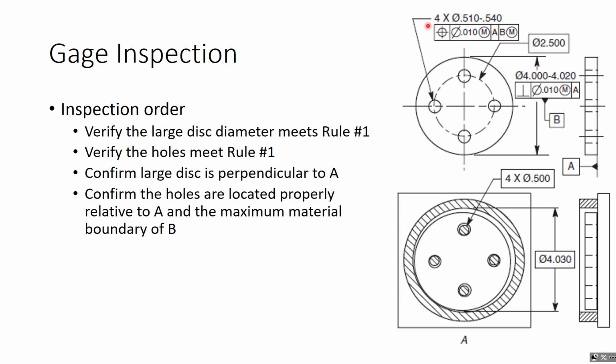Then we're going to check the location of the holes. When we're creating a virtual condition for an internal feature, such as a hole, we take the max material condition, which is 0.510, and we subtract the geometric tolerance of 0.010. So we're going to end up with a virtual condition of 0.5 for the holes. That is represented here with the 4x .50.